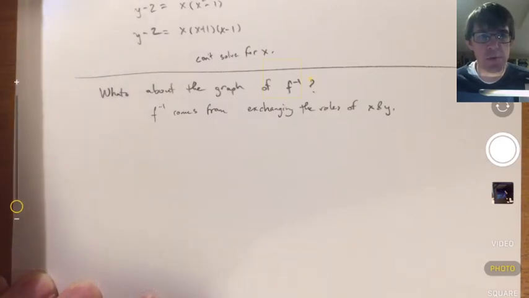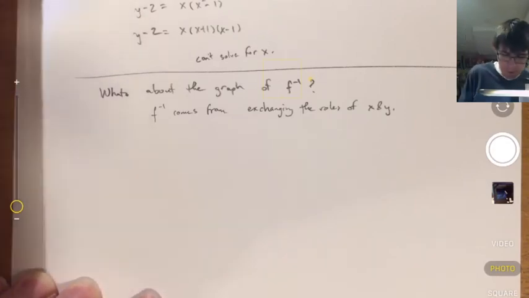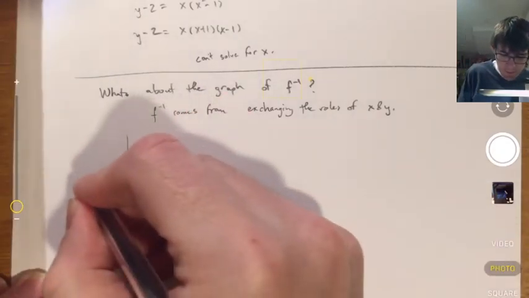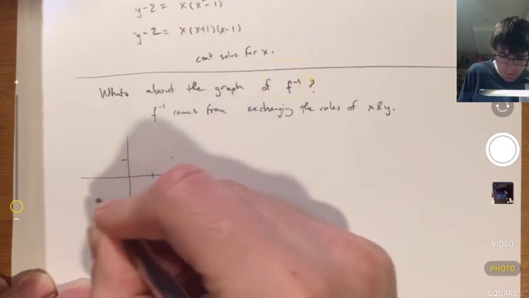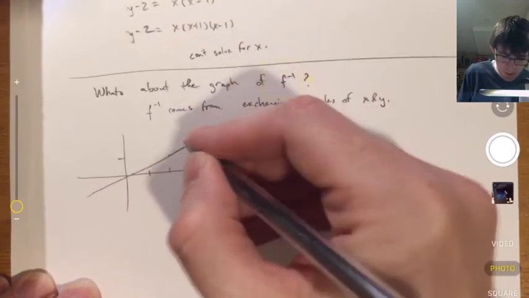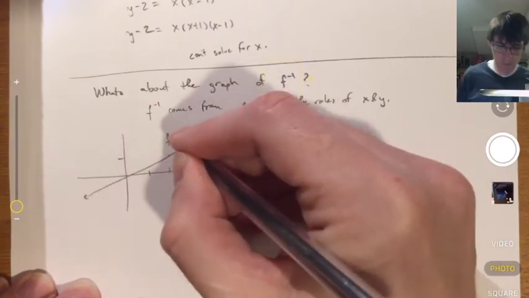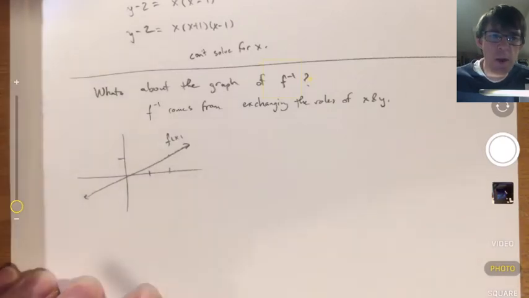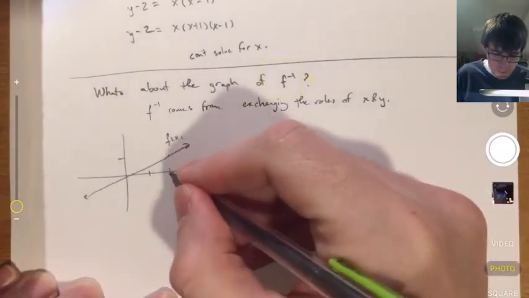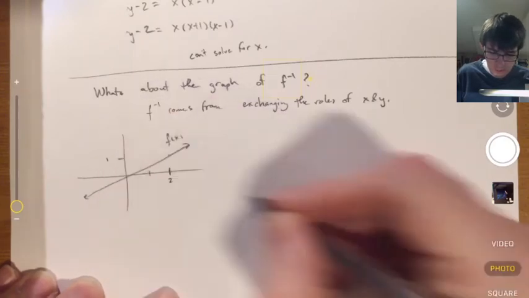That means there's a cute trick for doing this just by looking at the graph of something. For example, if I had the function, let's say f of x is this line, the line of slope 1/2. How could I write the same graph, but just interchanging the roles of x and y? Well, this one goes over to x equals 2 and up to y equals 1.